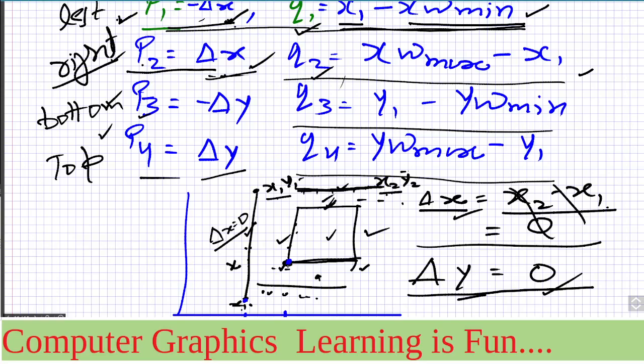Can you guess? You can guess in terms of positive or negative. We will get a positive value or a negative value for this particular line. This is our x1 and this is our xw min. So you have to tell me x1 minus xw min.